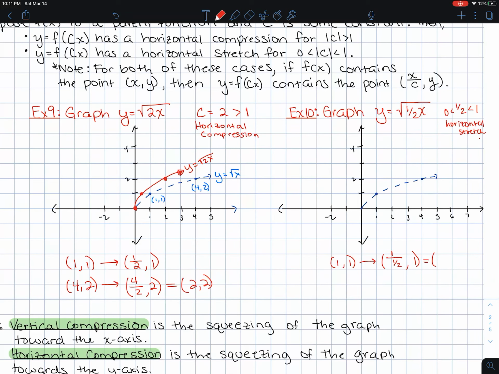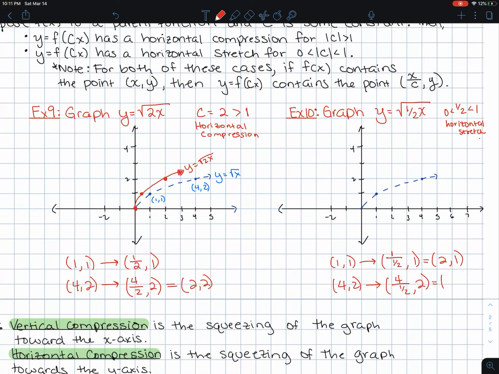Now, dividing by 1/2 is the same thing as multiplying by 2. So we have 1 times 2. And then we have the point (4, 2) of our parent graph. We're going to take 4 and then again divide it by 1/2. And the y value does not change on our parent graph.